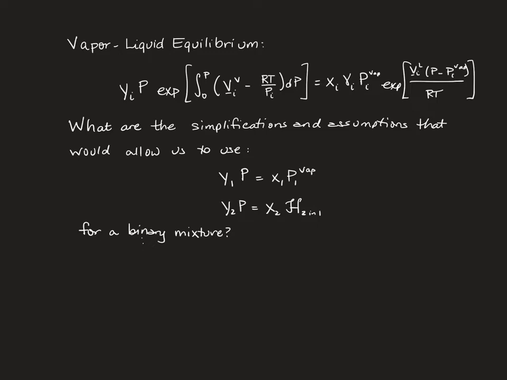And the first thing is that if you look at the gas side for both components, the exponential term disappears. Now the exponential term is looking at the integral of the vapor volume minus RT over P. And what we'd really like is for that to become a quantity of 1, and so exponential of 0 has a quantity of 1.